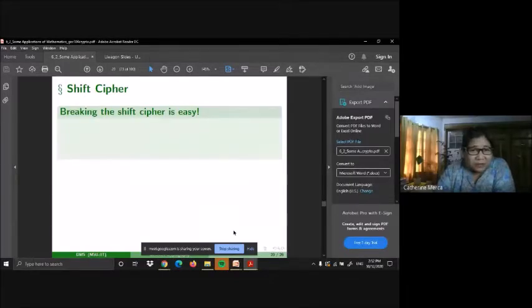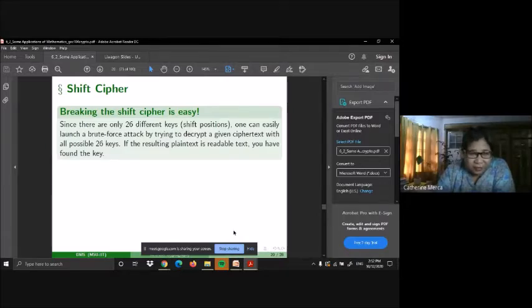So, breaking the shift cipher is actually easy. Diba? Nakita man ninyo? Because there are only 26 different shift positions, one can easily launch a brute force attack by trying to decrypt a given ciphertext with all possible 26 keys. Pwede i-test sa all possible.